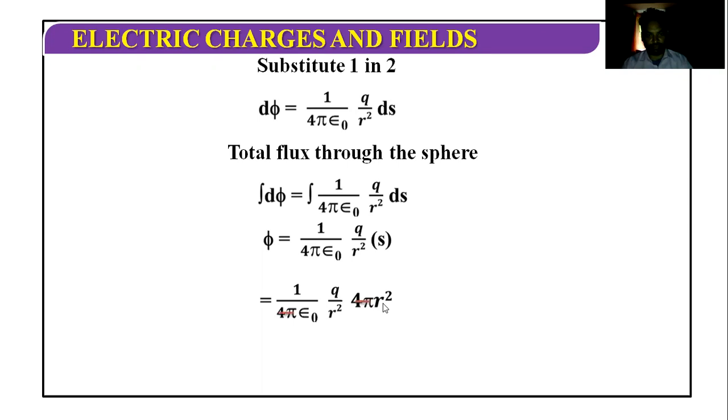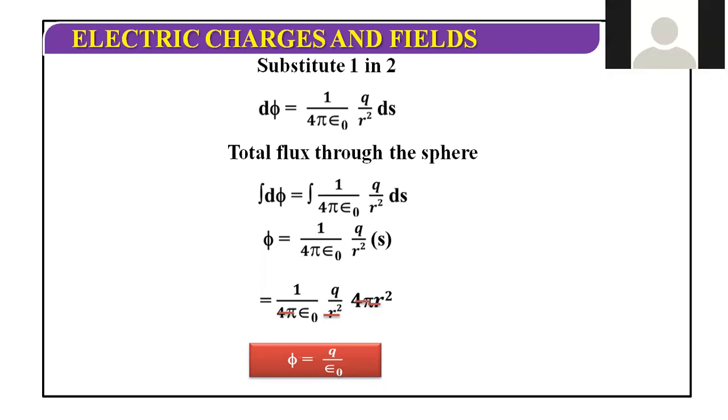So this 4 pi is cancelled, and this r square is also cancelled. So finally, the Gauss law is proved. So this is Gauss law, or you can say this is the deduction of Gauss law from the Coulomb law.